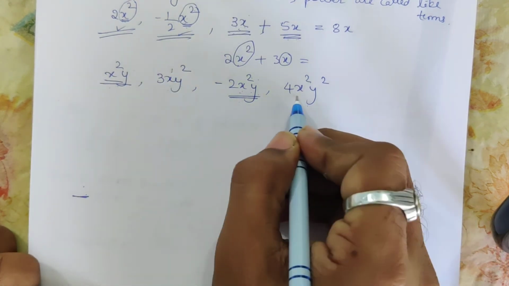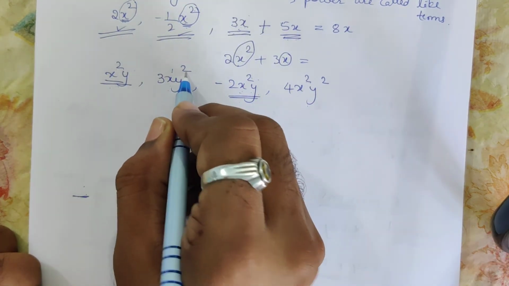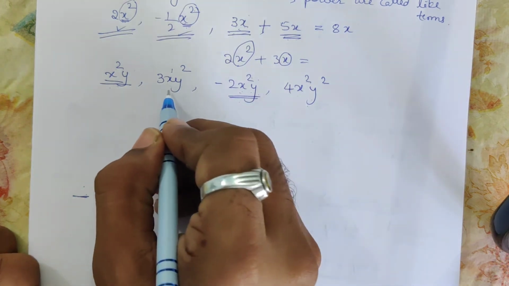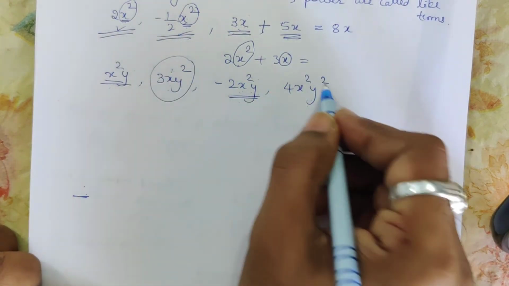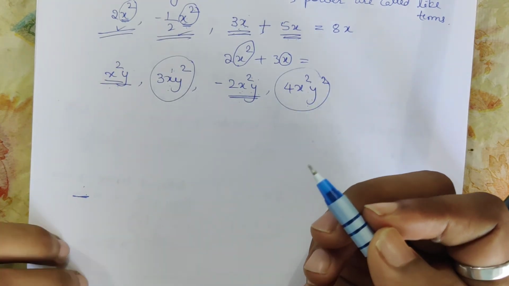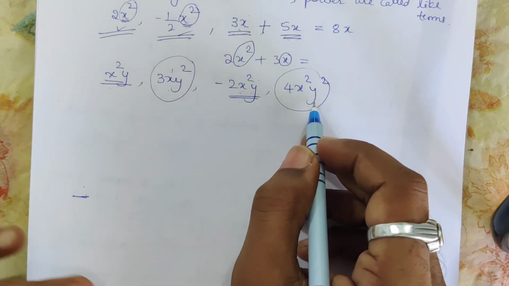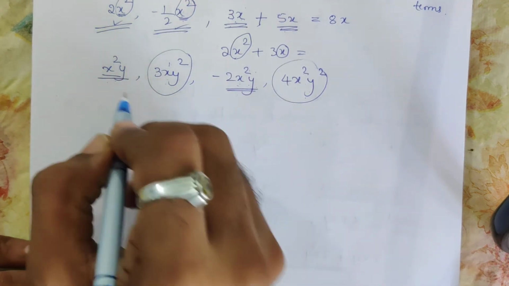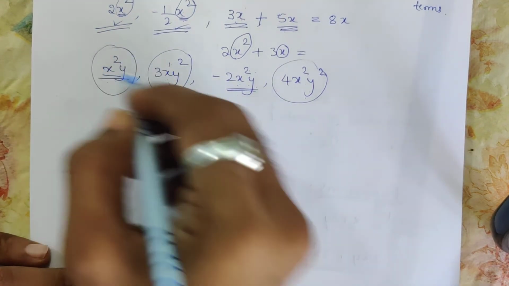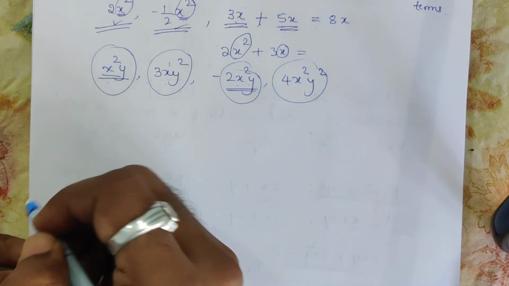X power is 1, here x power is 2, y power 2, y power 2, but that doesn't mean these two are like, because this is not matching. So these two are unlike. Out of all these 4 terms, we can only make one group of like terms, which is this and this.